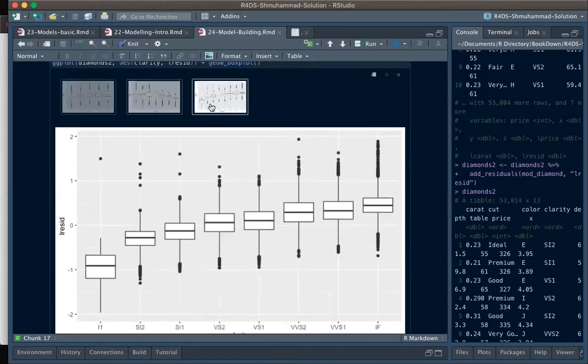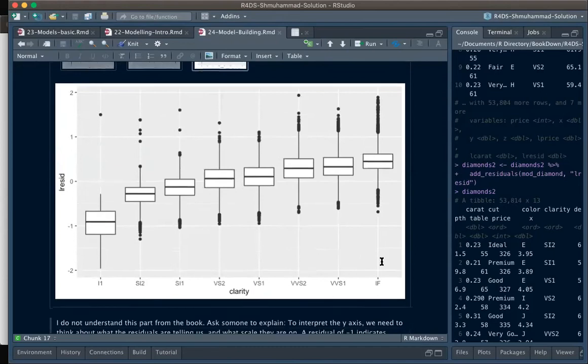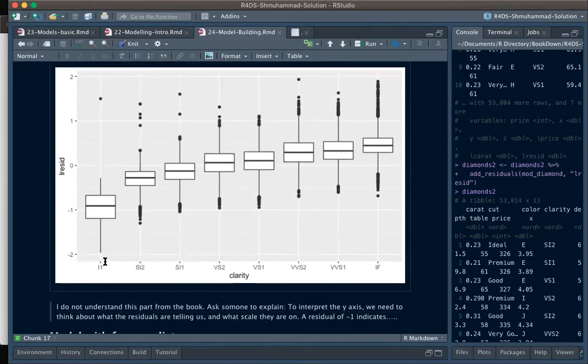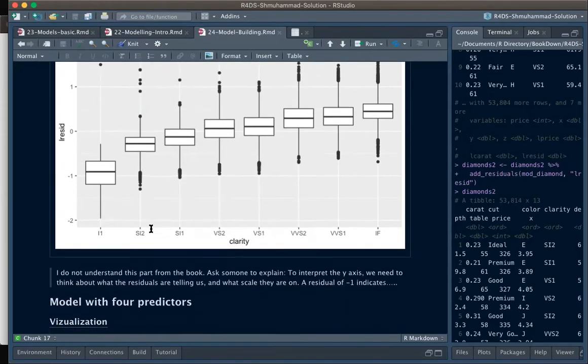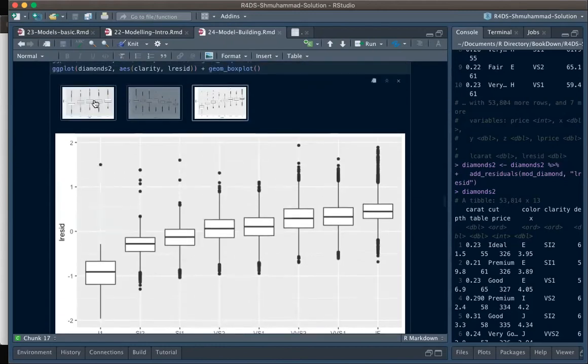And let's look at the final one. Look at the one here, which is the worst in terms of clarity, and this is the best one in terms of clarity. Look at the residuals here. Can you see it? This one really gives us the true picture of the pattern in the data.